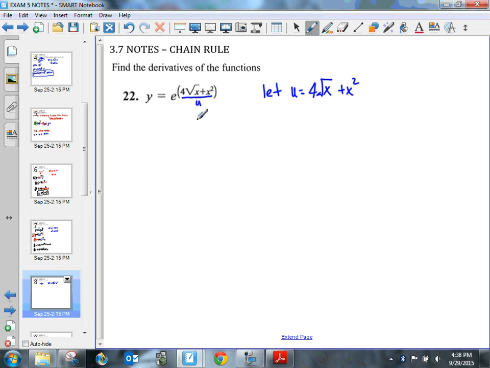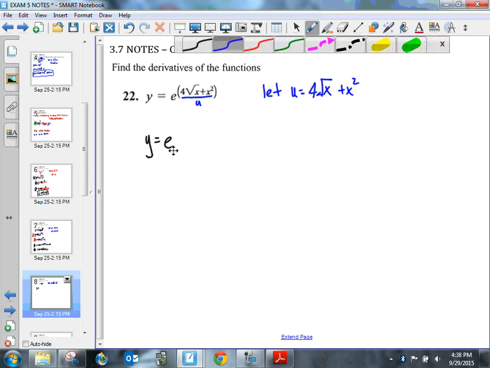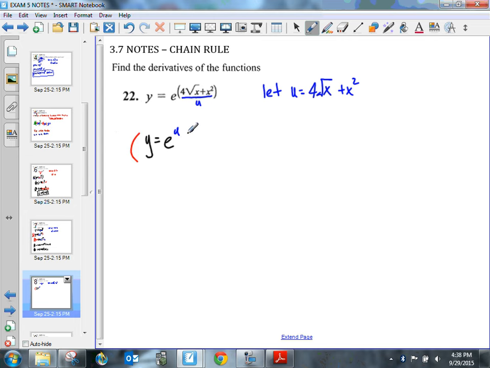Okay, so when I come back here, I'm going to rewrite y, and I'm going to say y is equal to e to the u. Okay, so now I want to take my derivative with respect to x. Okay, so I'm going to take d/dx of the whole thing.